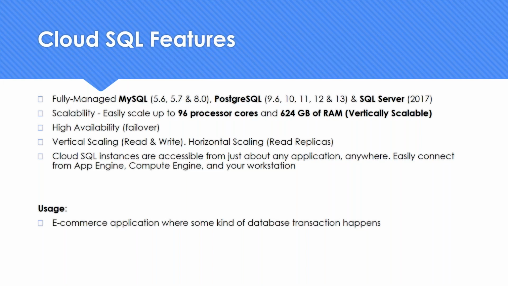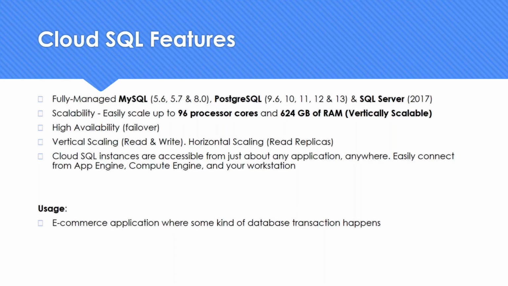The most powerful database you can have in GCP is 96 vCPU, 624 GB of RAM. This is the maximum as of today; maybe later it can become 128 vCPUs. To start with, it was 64. I guess one and a half years back, they made it 96 cores.